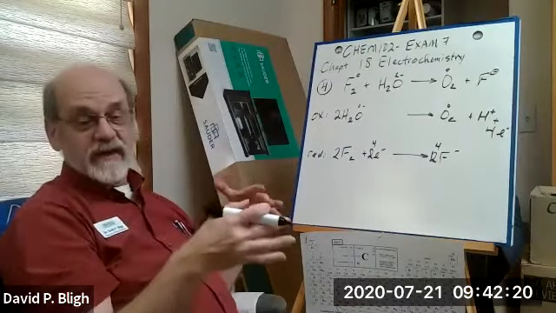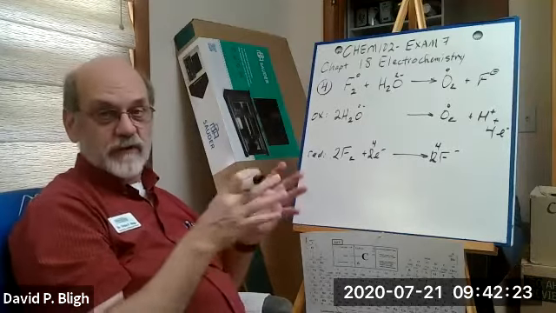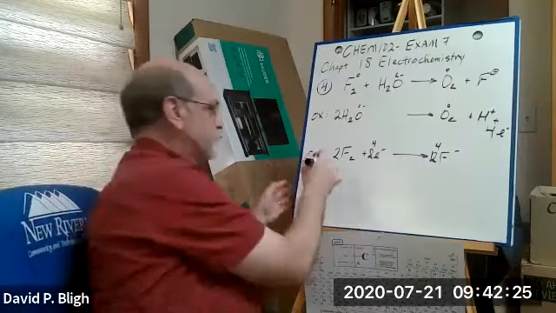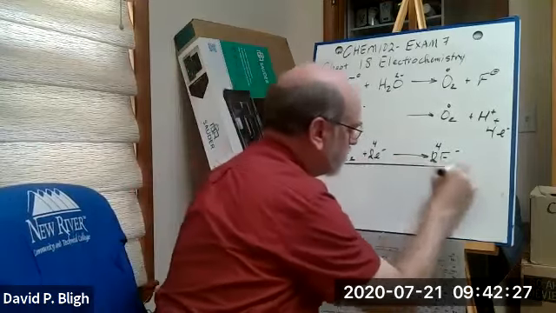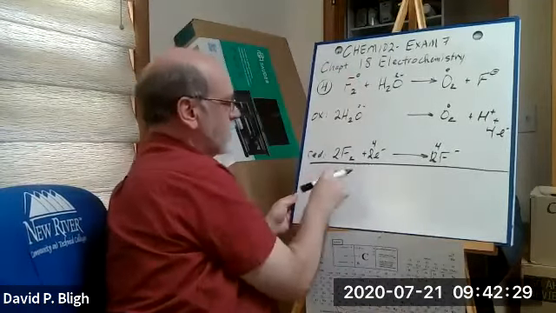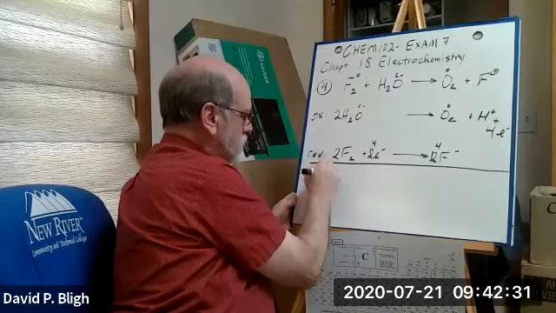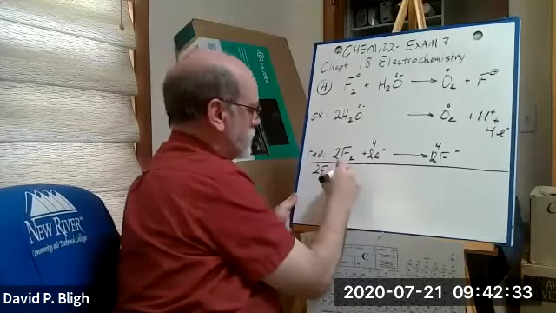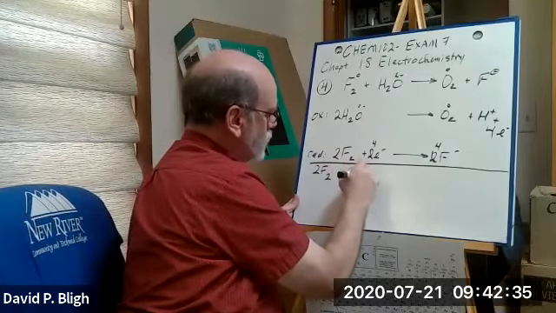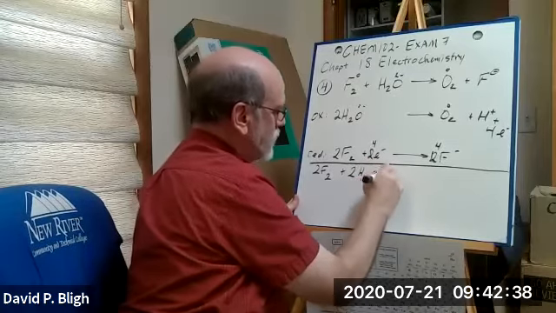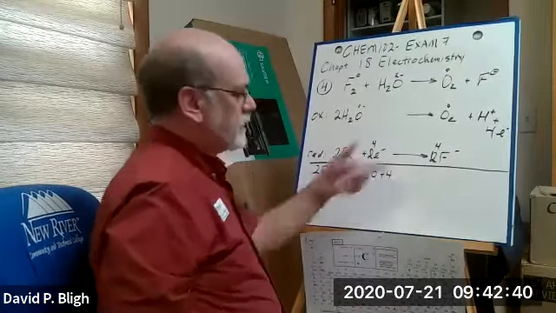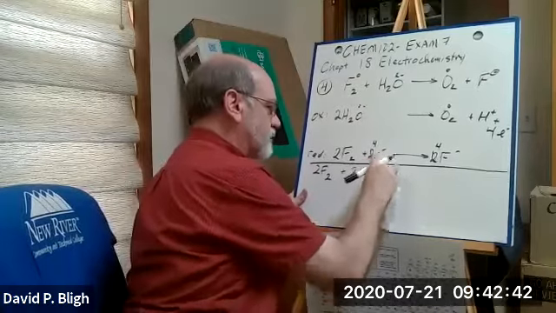Now we can combine the equations in the acidic version before we change it to the basic. Okay, so we've got 2 fluorines, we've got 2 waters, and the electrons are going to balance, so we don't need to write that in.